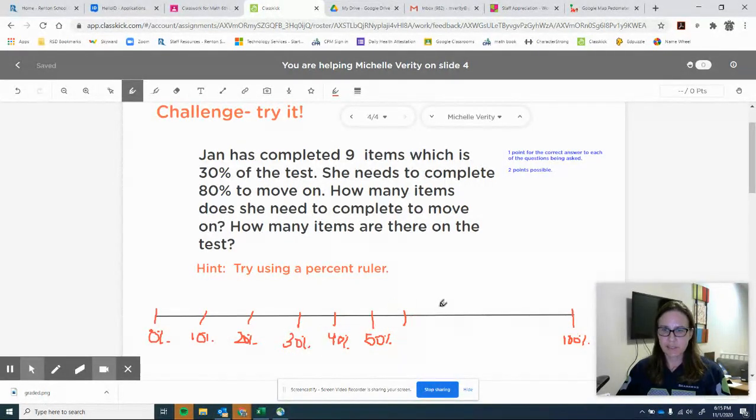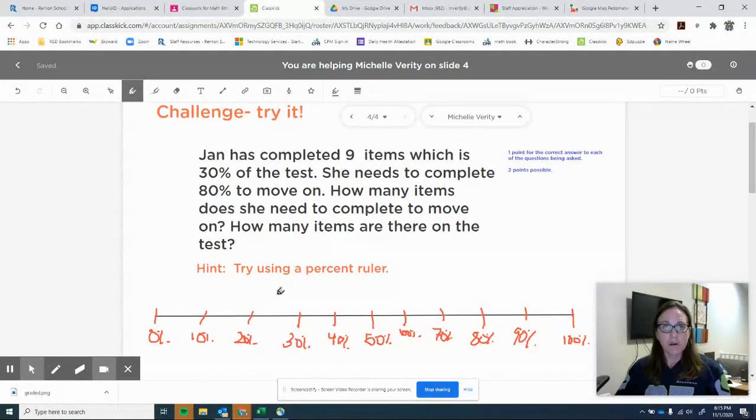So 60, 70, 80, 90, 100. To make this kind of small, because otherwise it's going to crash into the 50%. We're going to need the 80% for later on in the problem too.